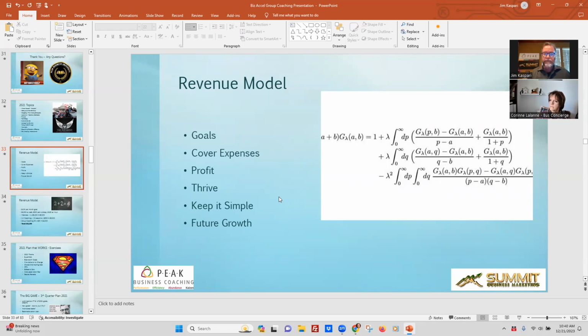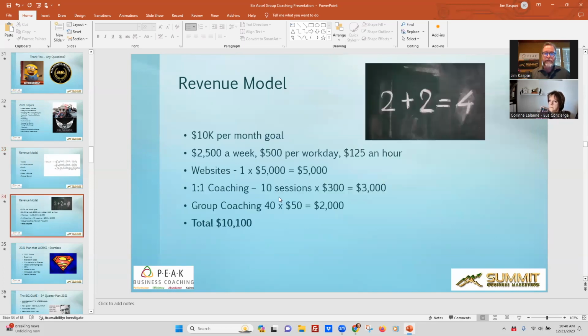So how does a revenue model work? Let's just say I have a goal of $10,000 a month gross income. Now, again, this doesn't include personal expenses, business expenses, and future growth expenses, but that's how you come up with your goal.